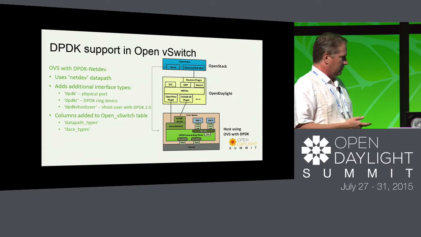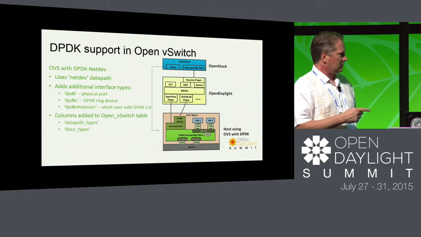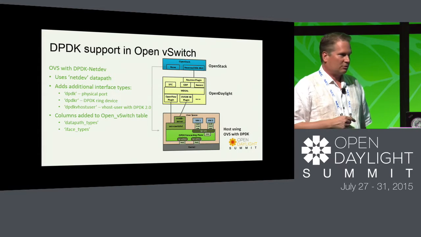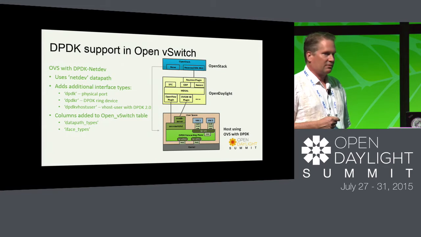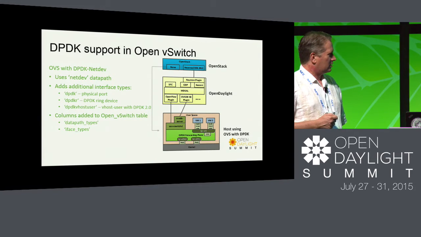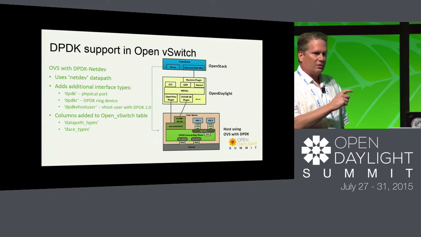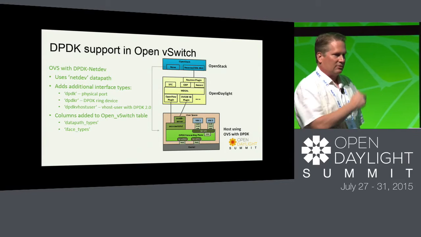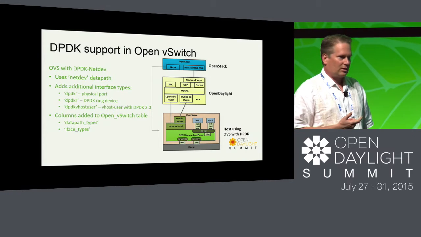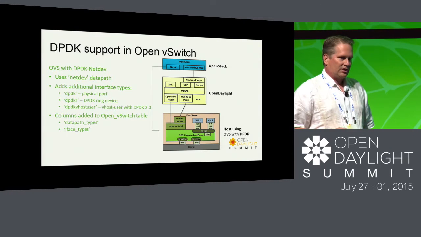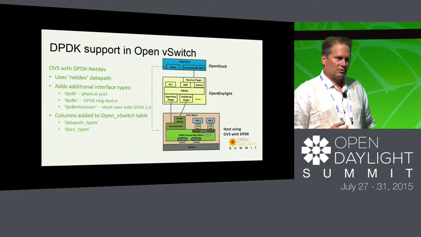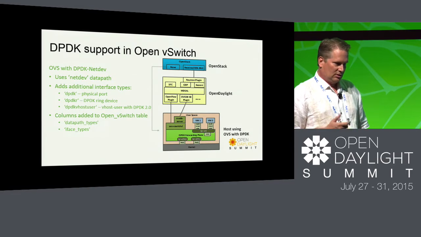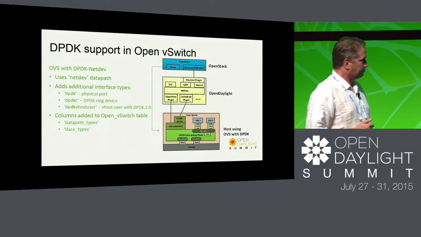If you were to query that, you'd see maybe a dozen interface types supported by that vSwitch. The purpose is that if you saw DPDK and DPDK vhost user included in that list, and the data path types included the netdev type, then you could deduce that this particular instance of OVS is actually OVS with DPDK.